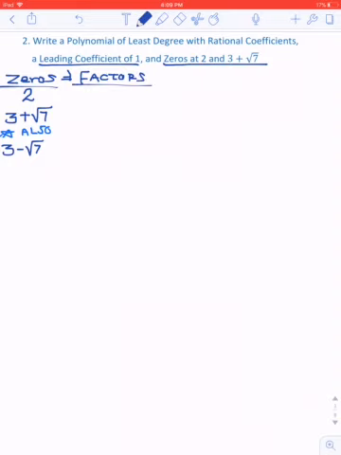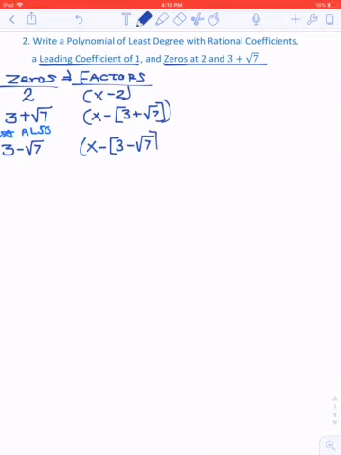Alright, so what are those 3 factors? You should have x minus 2. You should have x minus, it's always x minus because we're making zeros, 3 plus root 7, x minus 3 minus root 7, and we need to simplify those.